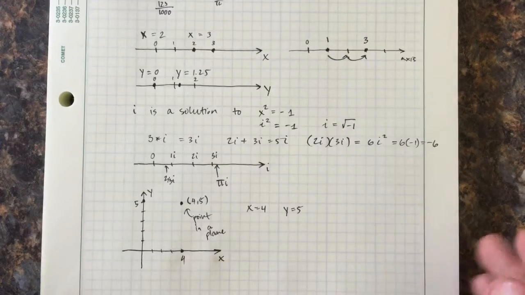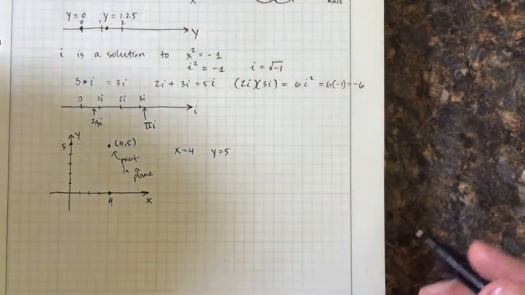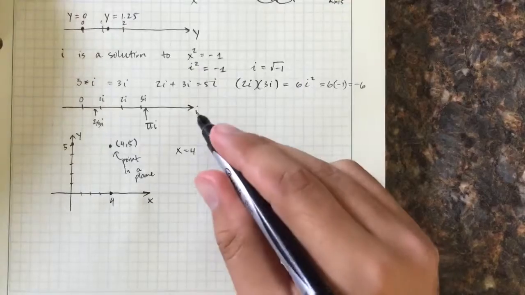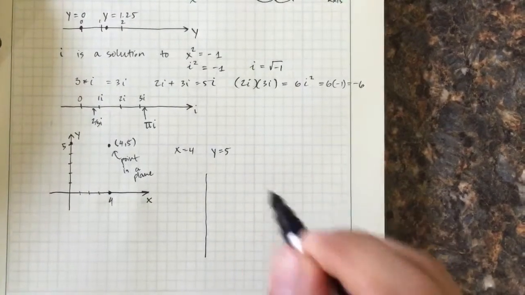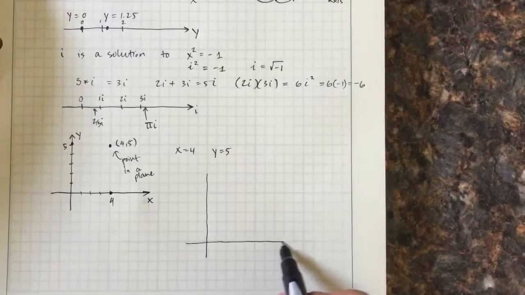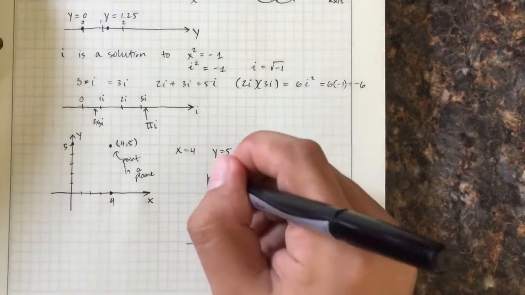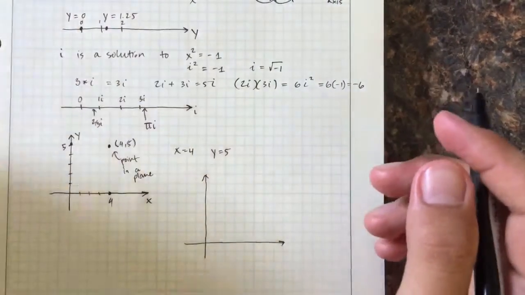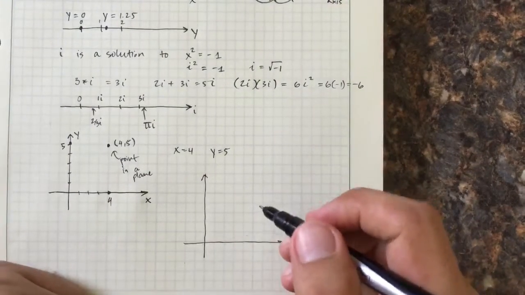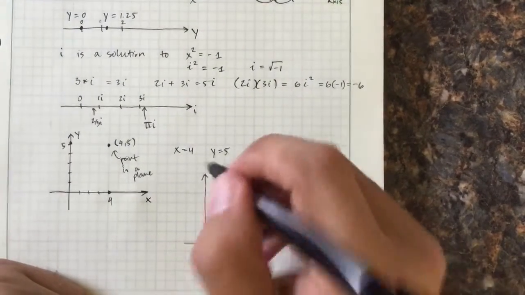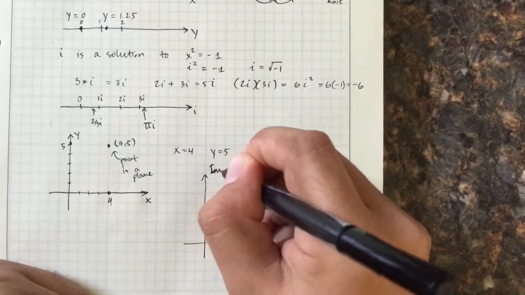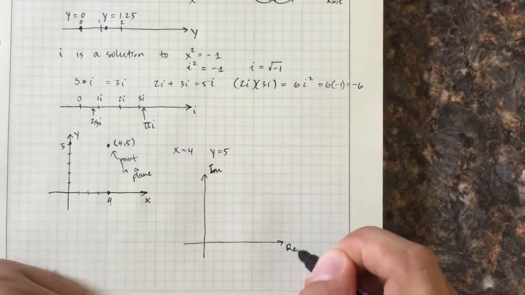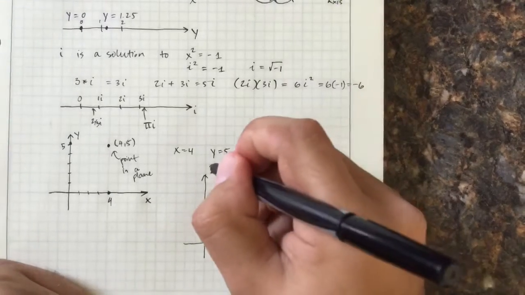Now, if you happen to put an x-axis and a y-axis together, you'll get something very similar, with a very small difference. Well, I guess it's major, but it's not too different. So what if you had a y-axis, which, let me call it imaginary, and you had a real axis with real numbers?